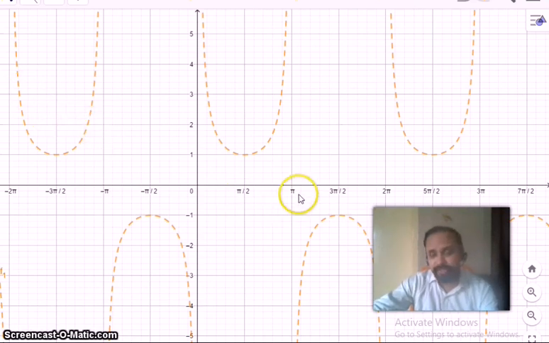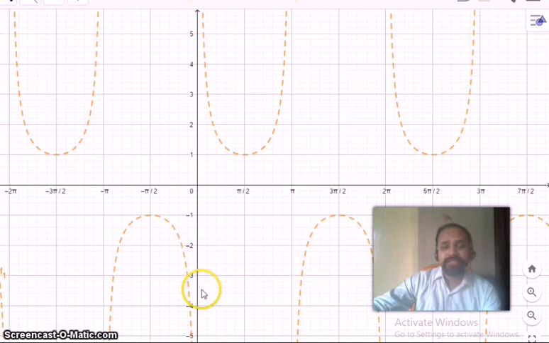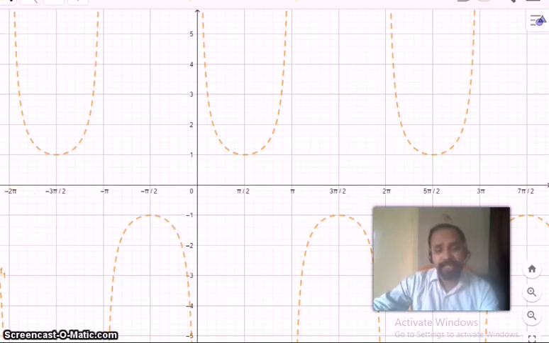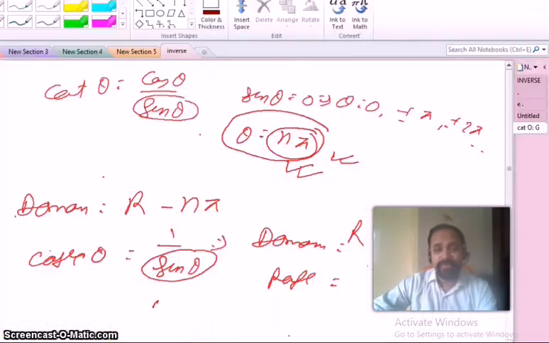And you see here also, cosec theta is not defined at pi, at 2 pi, at 3 pi. That means at these values cosec theta becomes infinity, not defined. So this is the domain, and what is the range? The range lies above 1 and below minus 1.